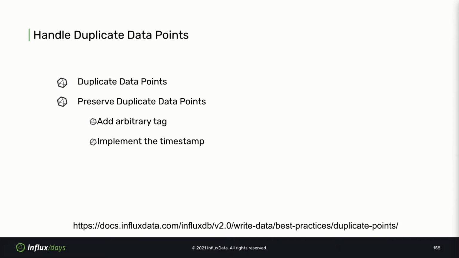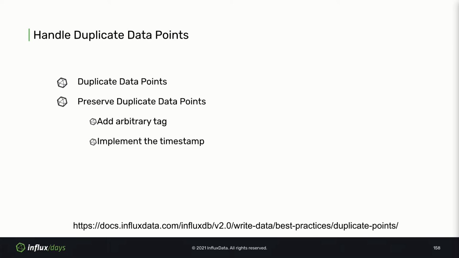Sometimes you will want to handle duplicate data points. You have two different options. If you want to combine two duplicate data points with the same measurement name, tag set, and timestamp, InfluxDB creates a union of the old and the new field sets. For any matching field keys, InfluxDB uses the field value of the new point.